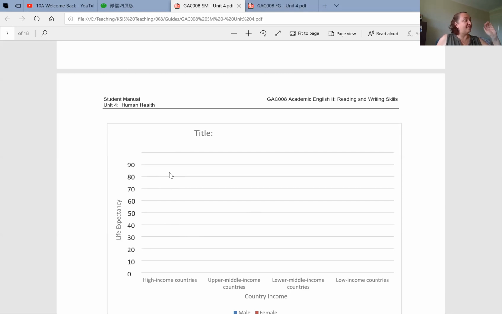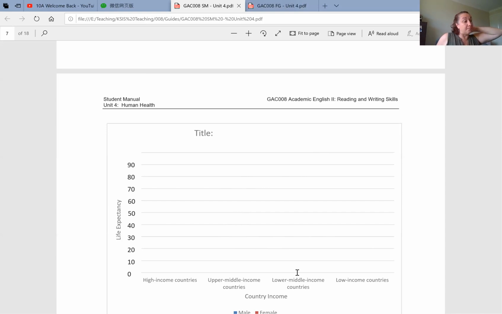The males at the upper middle and lower middle income groups have a life expectancy of 72 and 64 respectively. Respectively means that it is in chronological order, okay? So it says respectively, it means the first is for the first thing I said and the second is for the second thing I said.